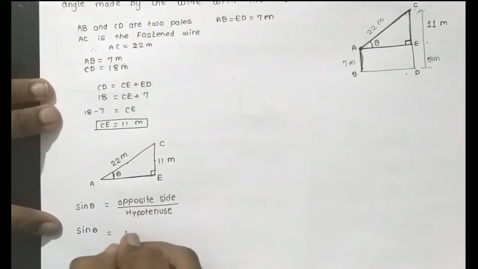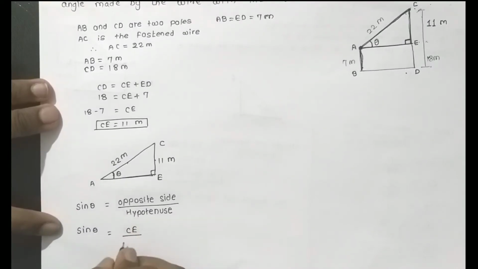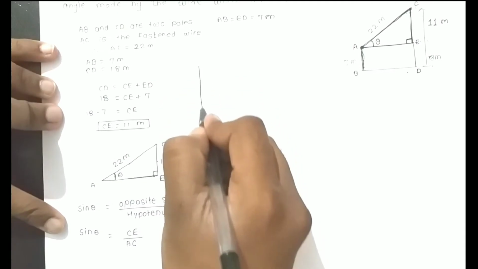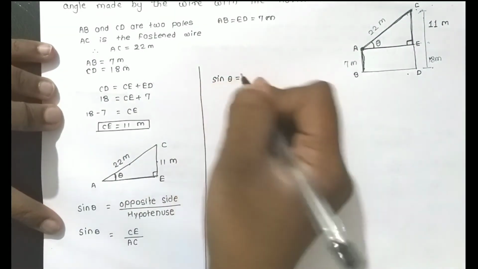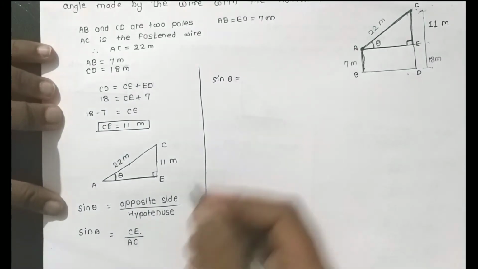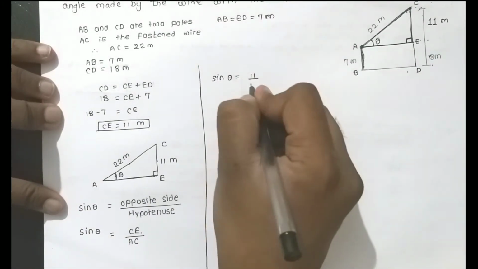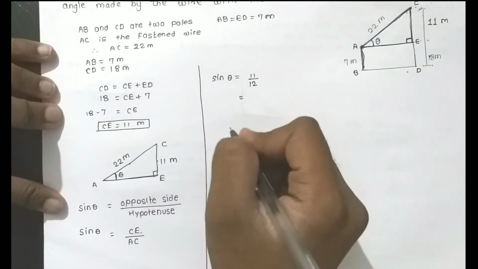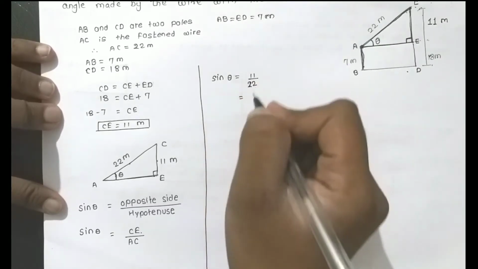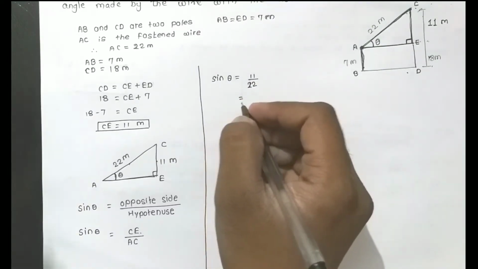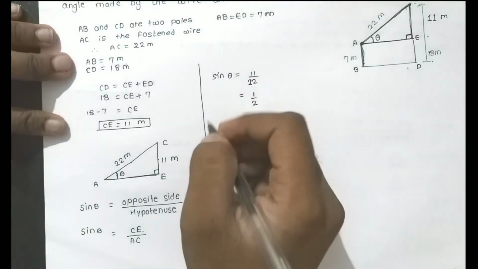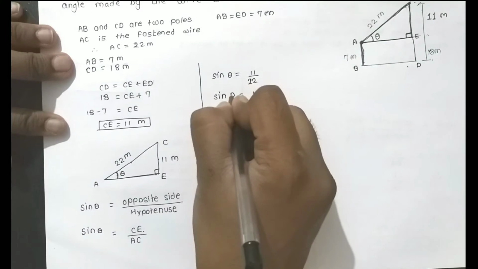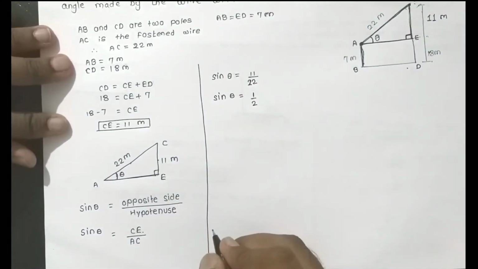Opposite side is CE, hypotenuse is AC. Sine theta, the value for CE is 11 and AC is 22. So 11 ones are 11, 11 twos are 22. Sine theta is equal to 1 by 2.